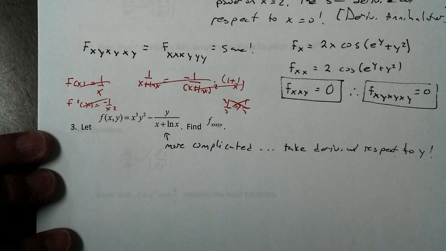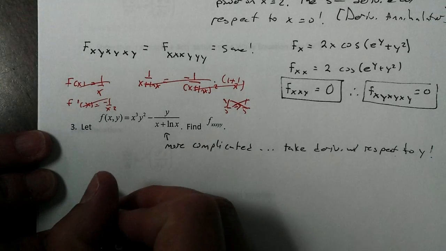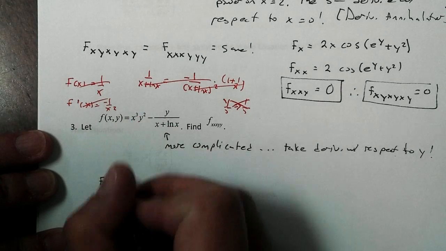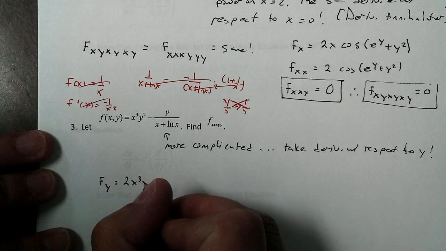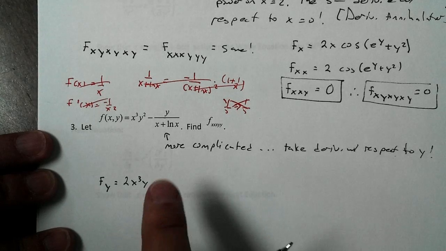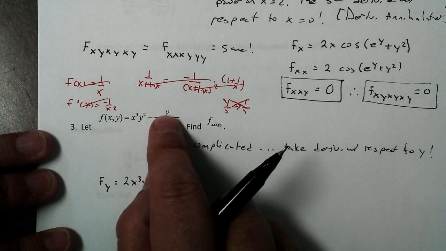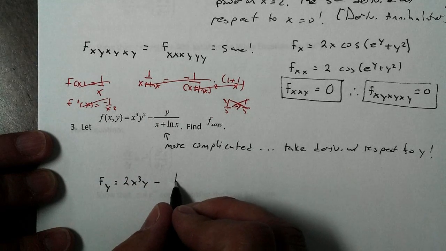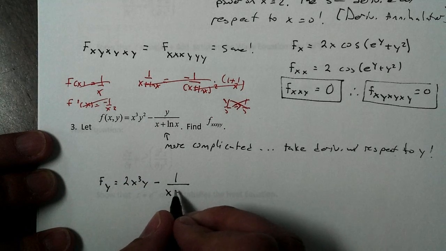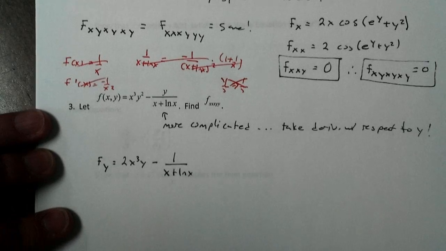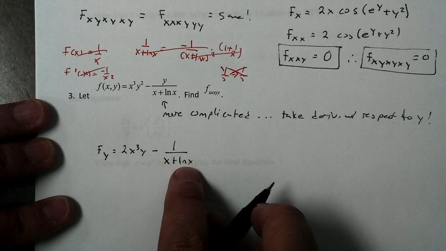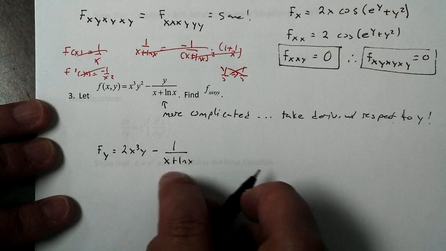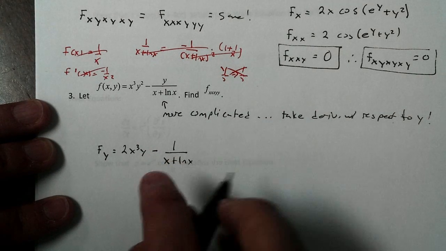So when we take this derivative with respect to y, f_y would equal 2x cubed y minus, now remember, this is y over a constant. So that just becomes 1 over x plus the natural log of x. Oh, that's nice. See, I already got rid of that. Now take a look, this is all in terms of just x.